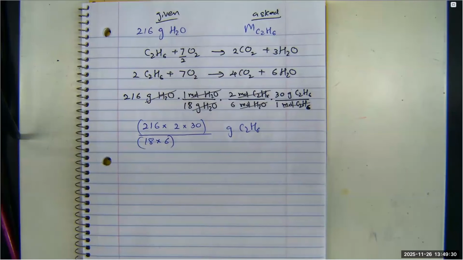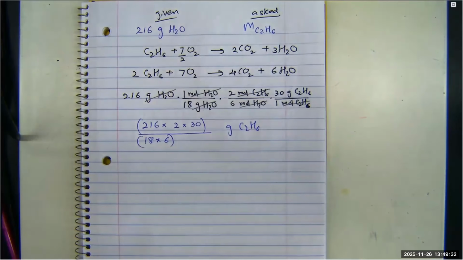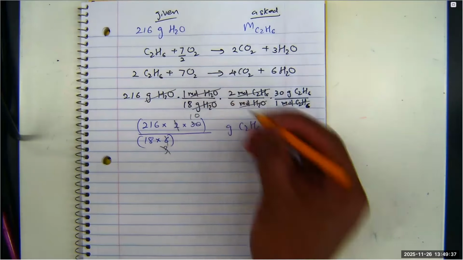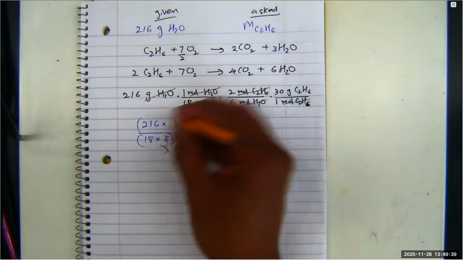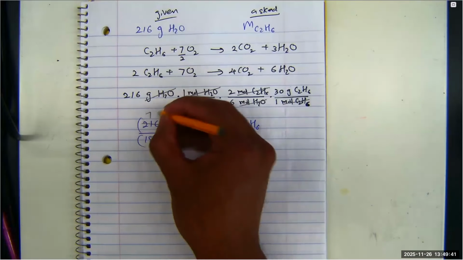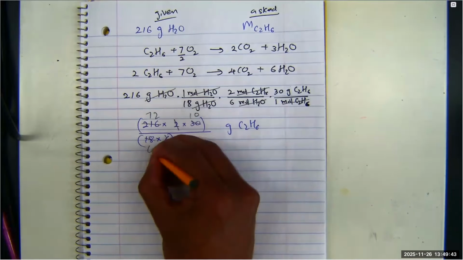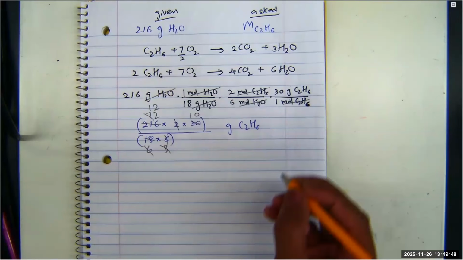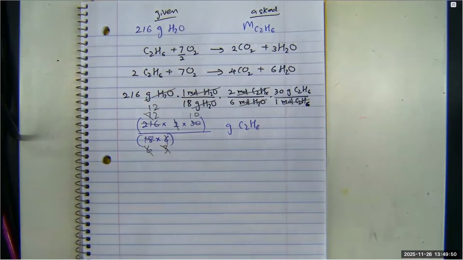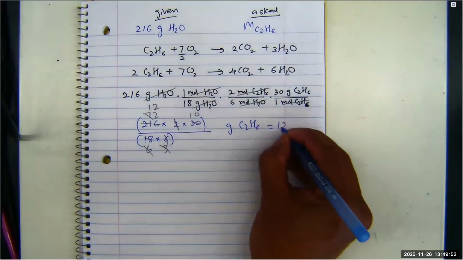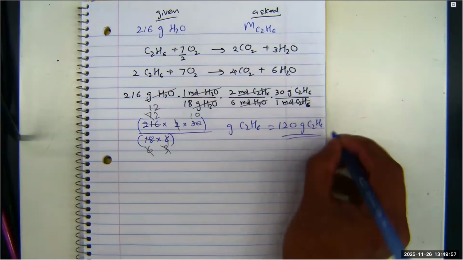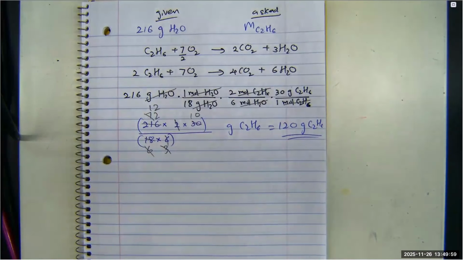Oh, this can be done without the calculator. 216 divided by 18 is 12, 12 times 2 is 24, divided by 6 is 4, times 30, oh, it's 120 grams. Is it right? Can somebody check? I got 120. Yeah.